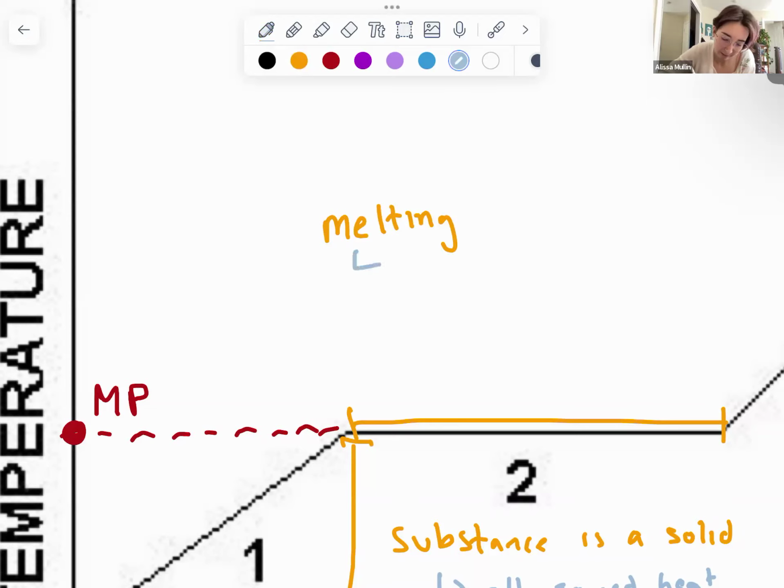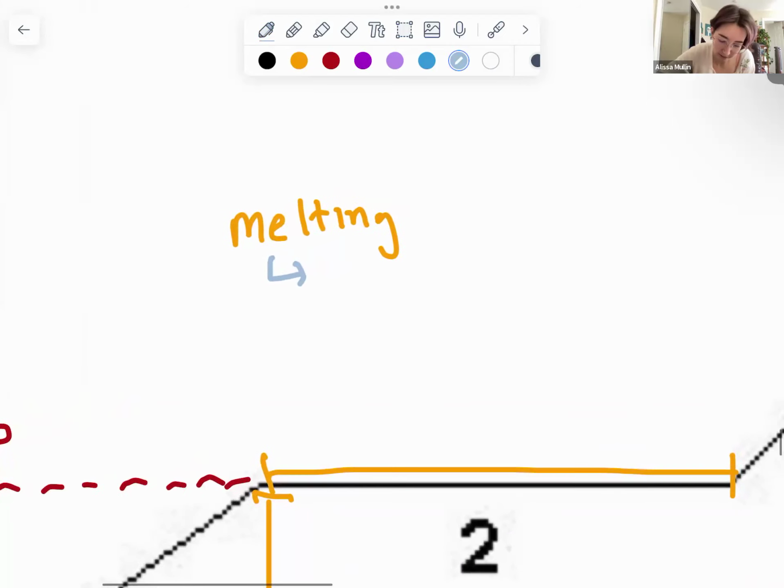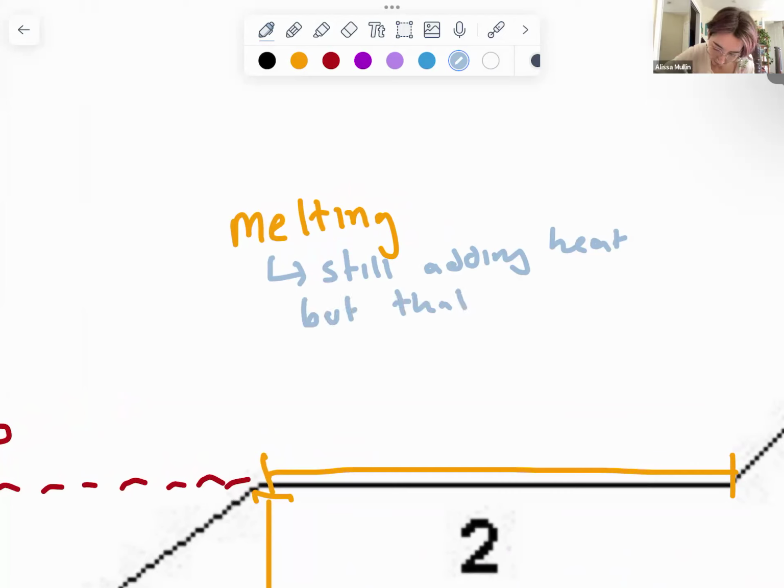At that temperature, we are still adding heat, but that heat is used to break IMFs.